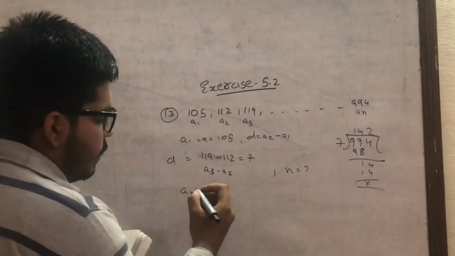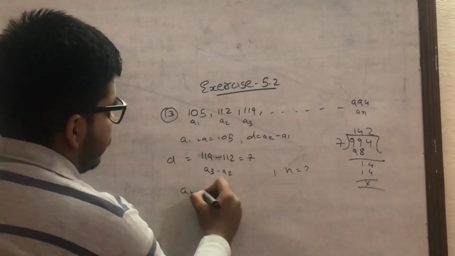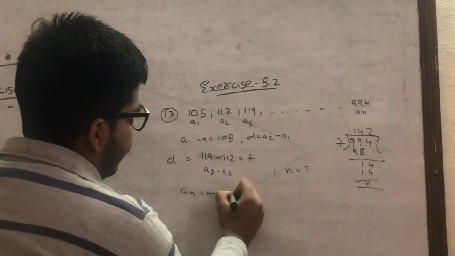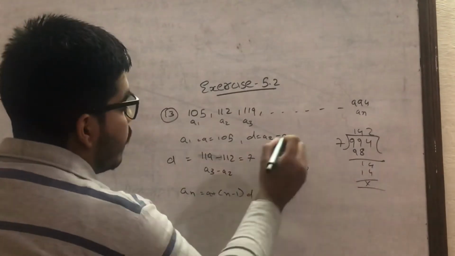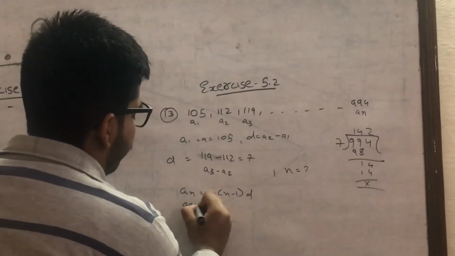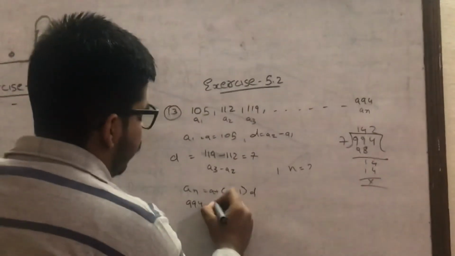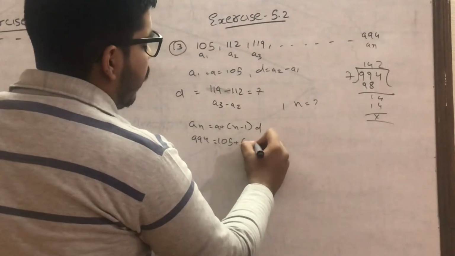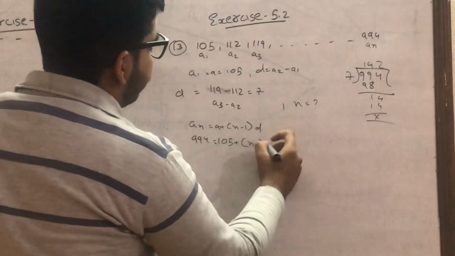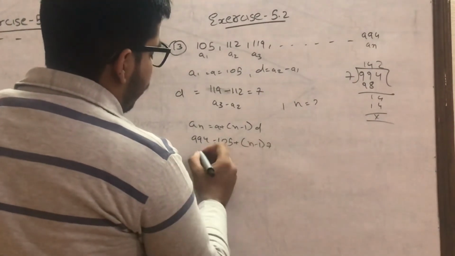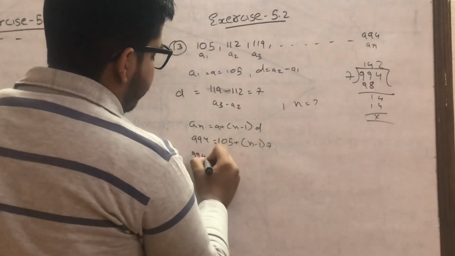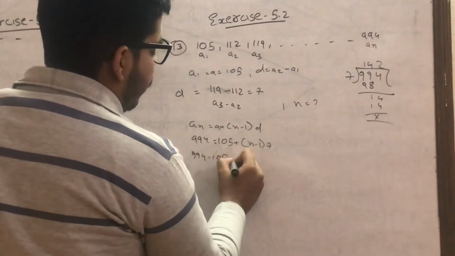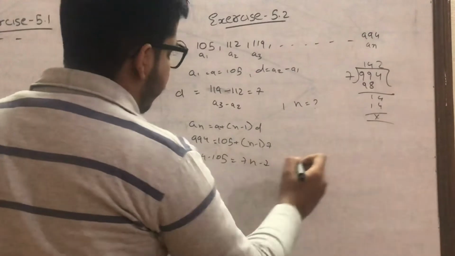We can solve this by An is equal to A plus n minus 1 into D. An is given that 994 is equal to A, 105, plus n, which we have to find out, minus 1, and D is 7. 994 minus 105 is equal to 7n minus 7.